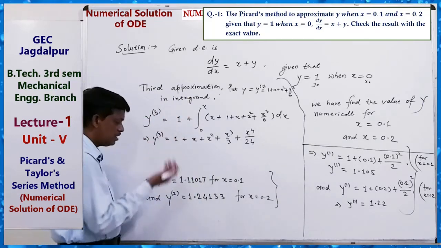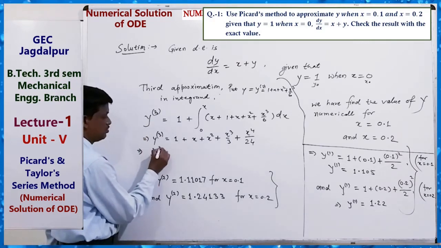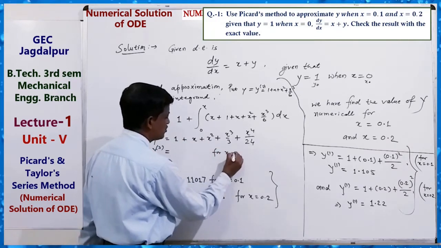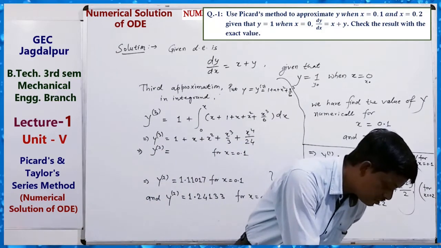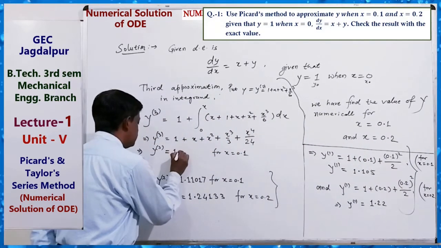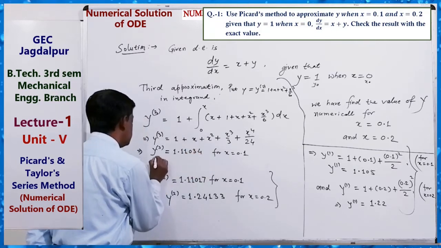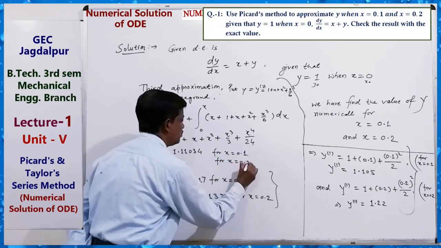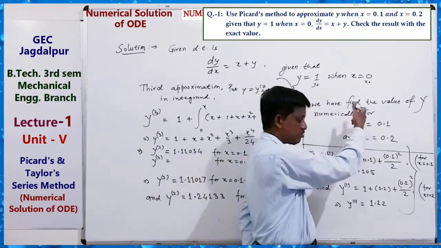This is the third approximation. In a similar process, from here we can get the third approximate value. Just put x equals 0.1. For x equals 0.1, the third approximation gives 1.11034, and y third approximation for x equals 0.2, for the second value, because our required value is this now.